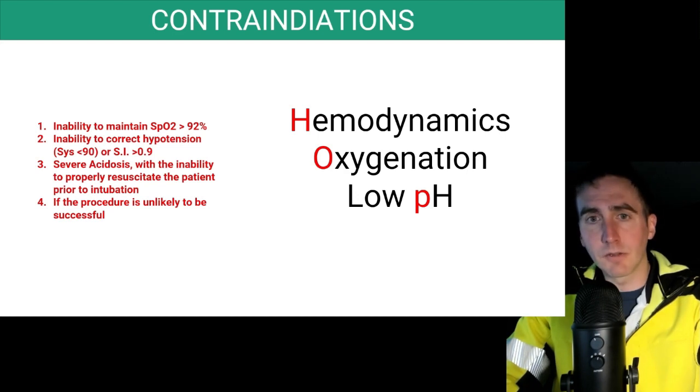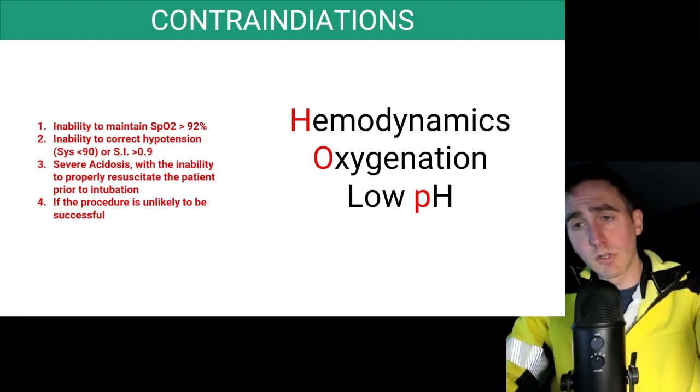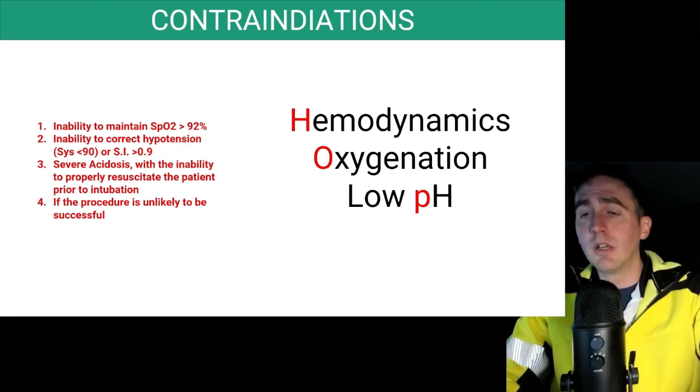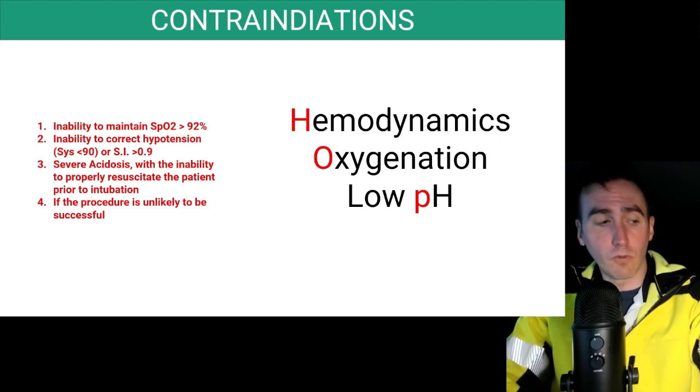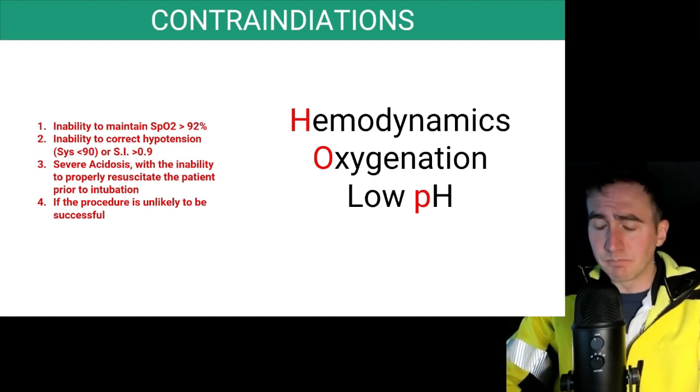Now, lastly, if the procedure is unlikely to be successful. So we looked at the physiologic criteria, there's also an anatomical assessment that you're going to need to perform on this patient before you attempt to intubate them.